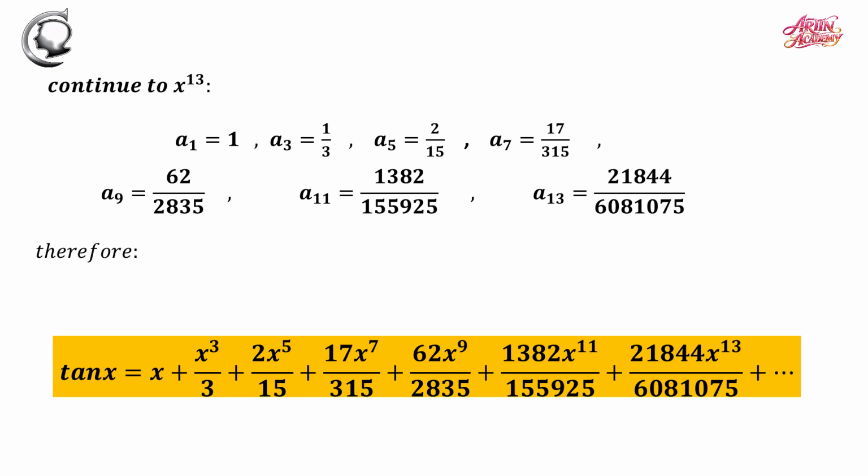Substituting these coefficients into our original series gives tangent of x equals x plus x cubed over 3 plus 2x to the 5th over 15 plus 17x to the 7th over 315 plus 62x to the 9th over 2835 plus 1382x to the 11th over 155,925 plus 21,844x to the 13th over 6,081,075.